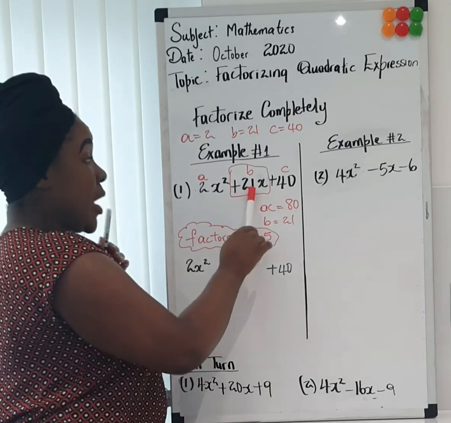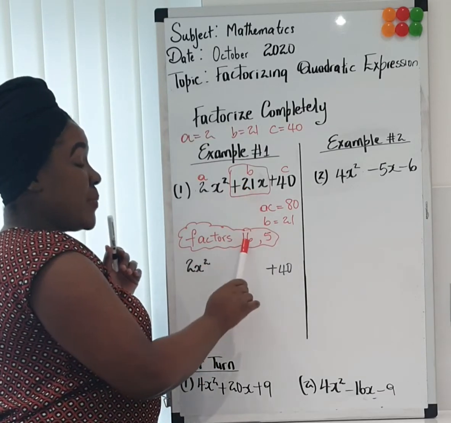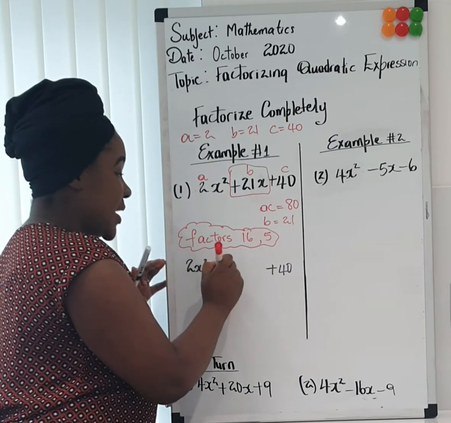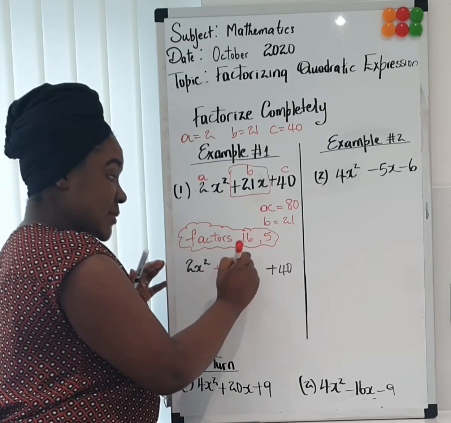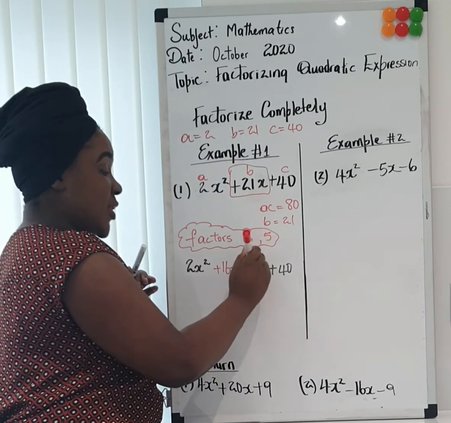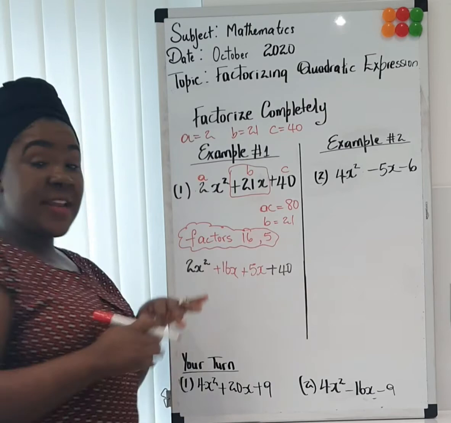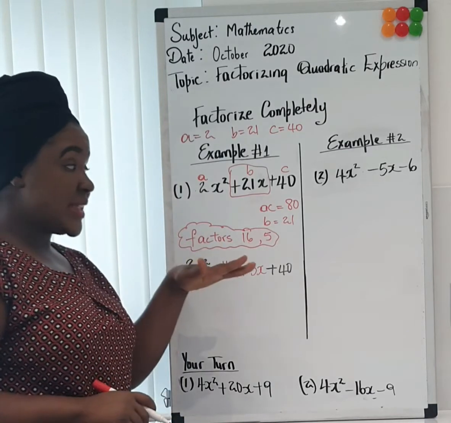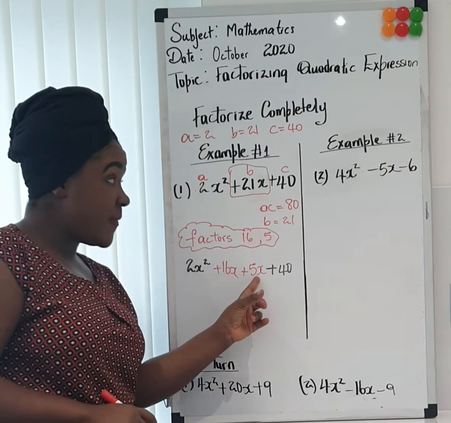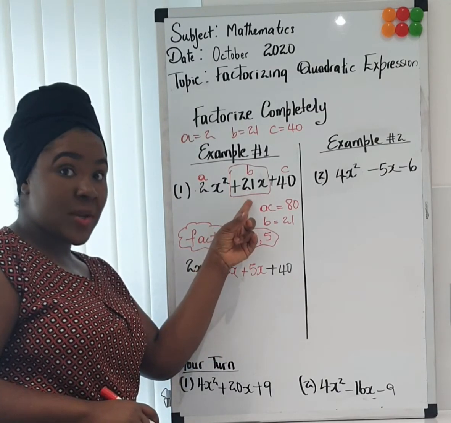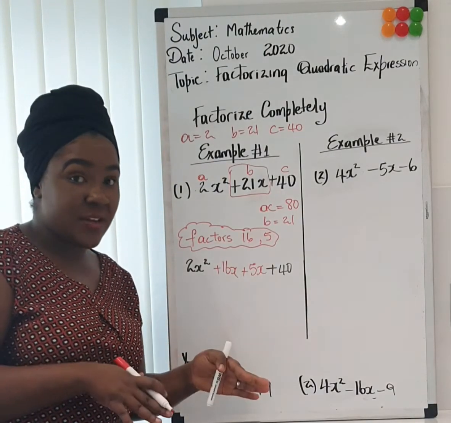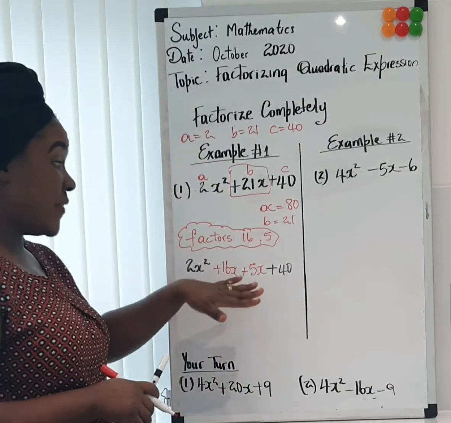Our middle term, 21x, is now going to be 16x plus 5x. And if you look carefully, we haven't really changed anything, because 16x plus 5x definitely gives us 21x. So we rewrite it without changing its value.